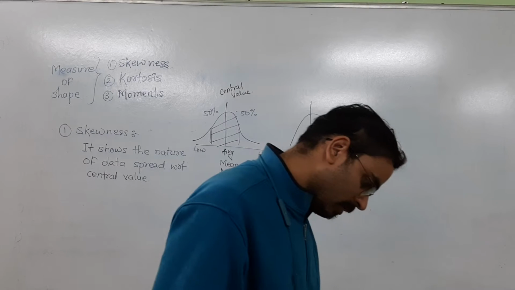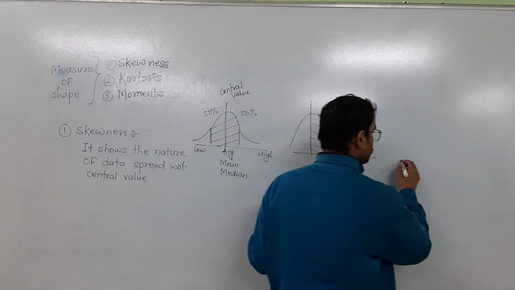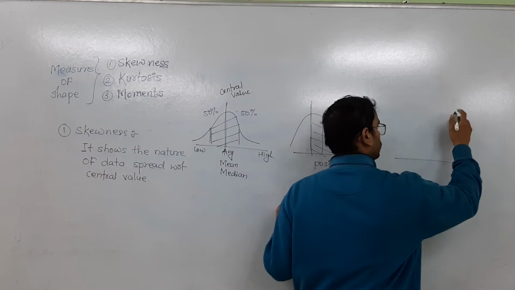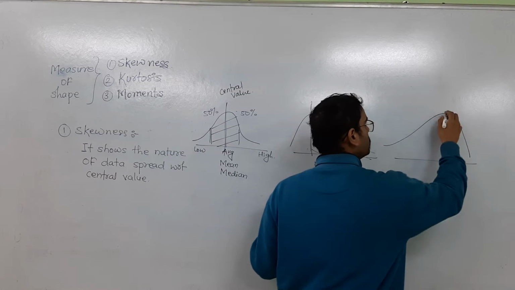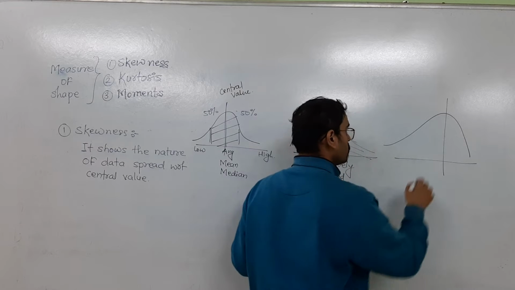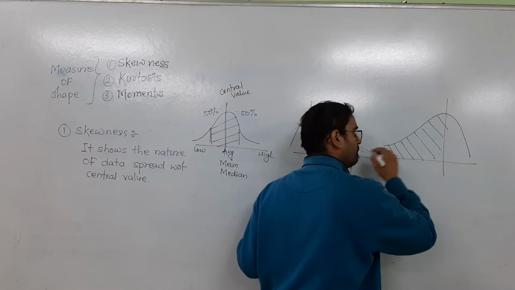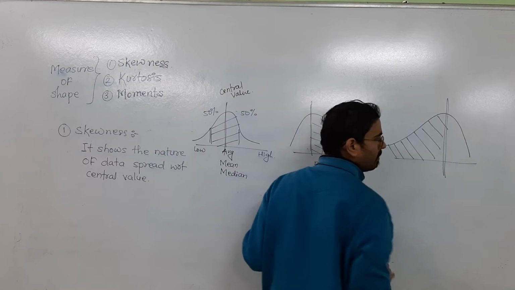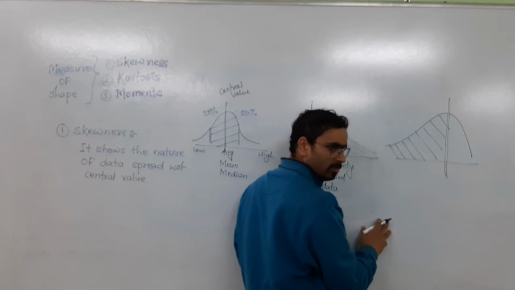Okay. If data is forming such a kind of shape, means maximum value is here, so maximum data is lying on the left side of the mid value, that is the central value.